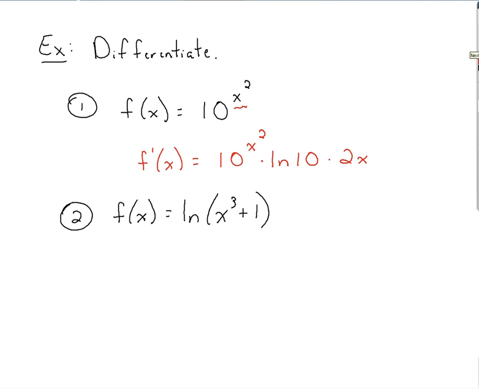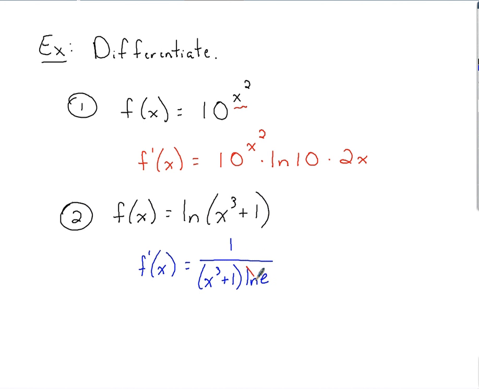So how that corresponds to this problem. F prime of x is going to equal 1 over the part that follows the logarithm, so x cubed plus 1, times the natural log of the base. The base value is e, so we say natural log of e, which really makes this optional, right?